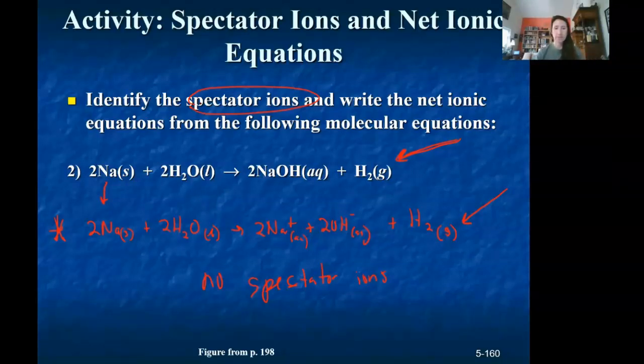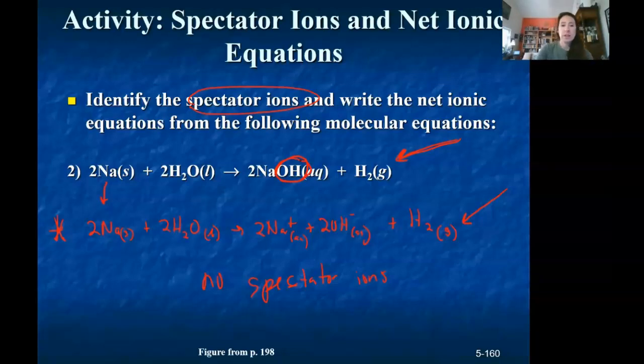For the product side, I had accidentally written, instead of the hydroxide together, I accidentally wrote 2O and 2H. Is that a big mistake when we're doing this? Yeah, that's a great question. Yes, that would be incorrect because remember, this is a polyatomic ion. The polyatomic ions never come apart, right?